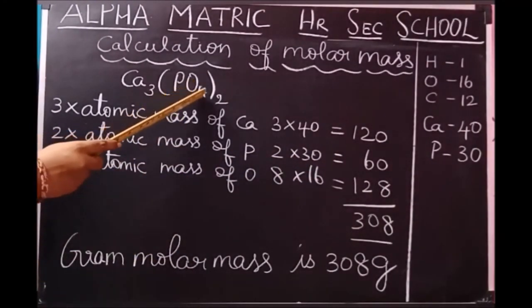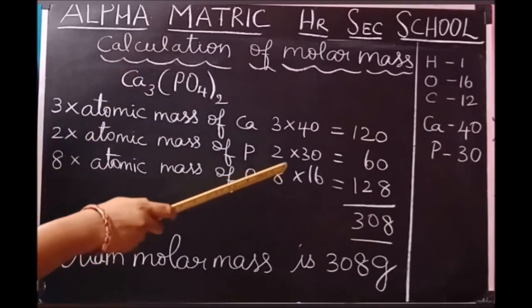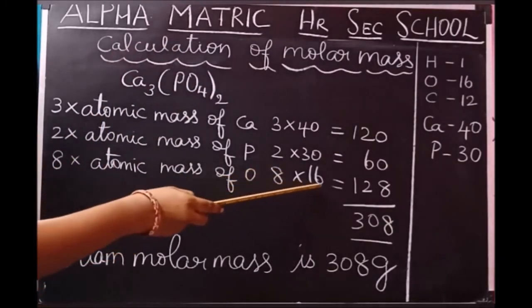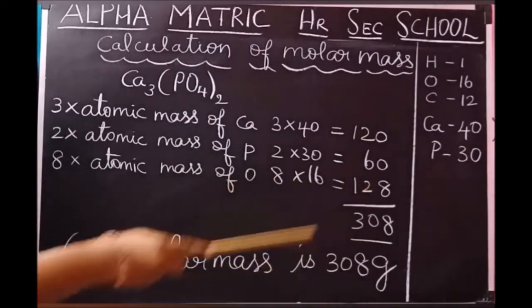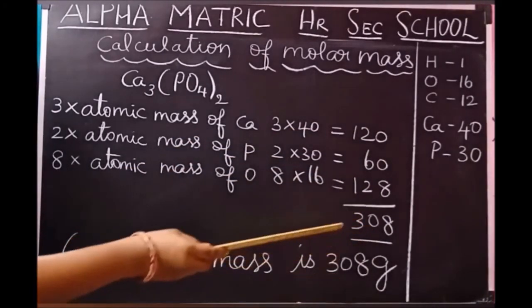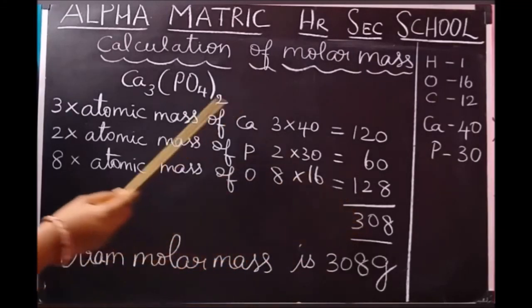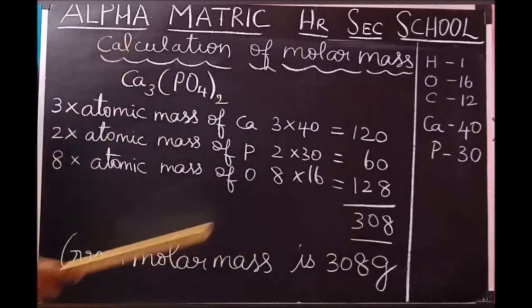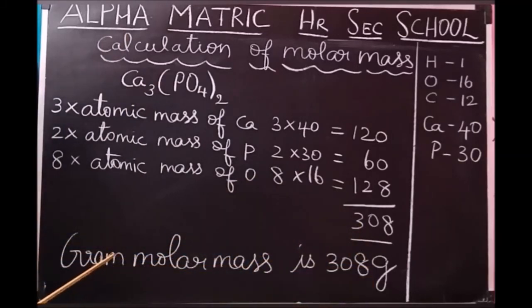Next, oxygen, 4 2s are 8. 8 into the atomic mass of oxygen, 16. 8 into 16, 128. If you add these, we get 308. 308 is the molar mass for this molecule. If you express this value in gram, that is called gram molar mass.